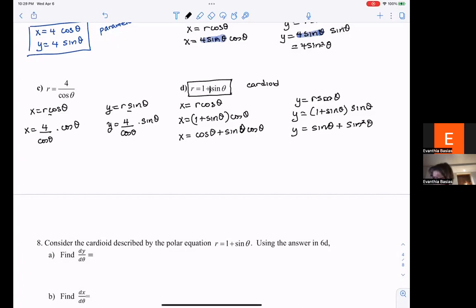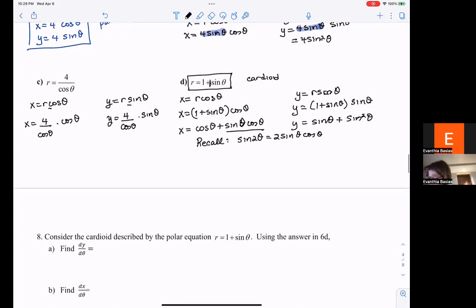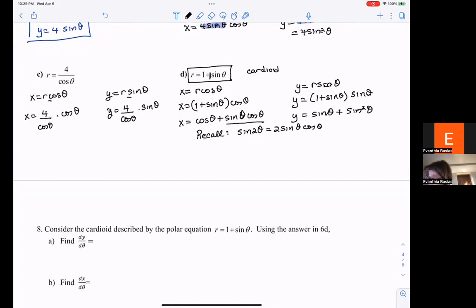All right, now recall that there's a double angle formula, sine 2 theta equals 2 sine theta cosine theta. Well, I certainly don't want to use a product rule here. I mean, I could, but I want to avoid that. So this can be rewritten as 1/2 sine 2 theta is equal to sine theta cosine theta.